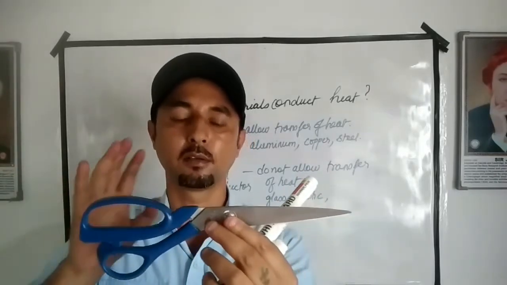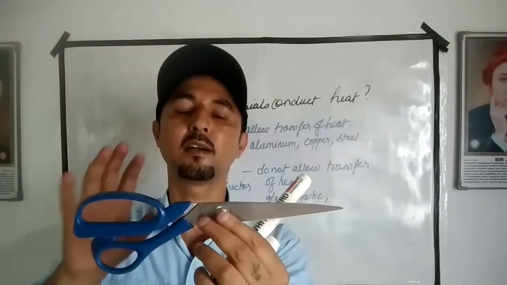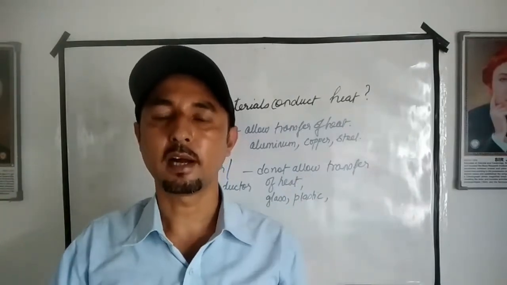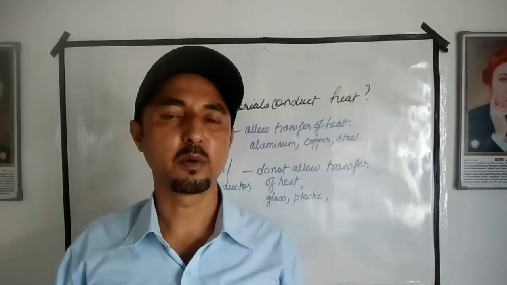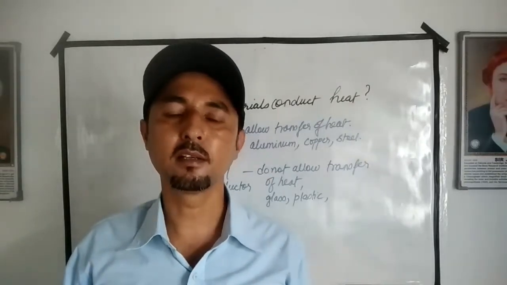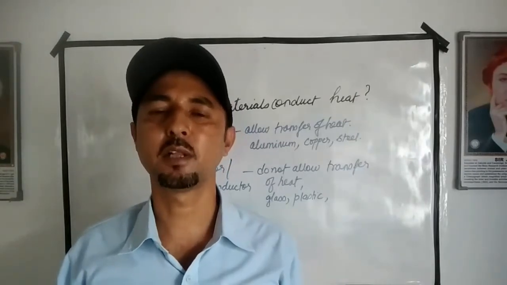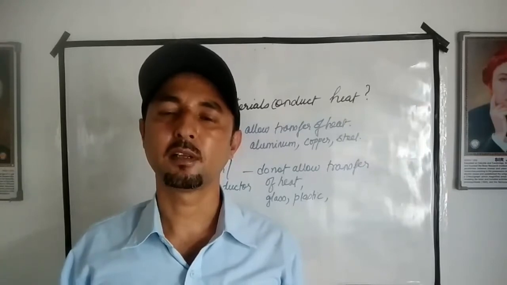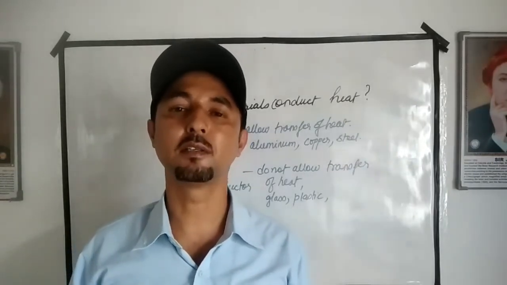Therefore, a simple example of a conductor and insulator in the same object is the scissor. Moreover, the iron which is used for pressing your clothes always has handles made of plastic, so that the heat from the iron does not reach the handle and ultimately you do not get burnt.